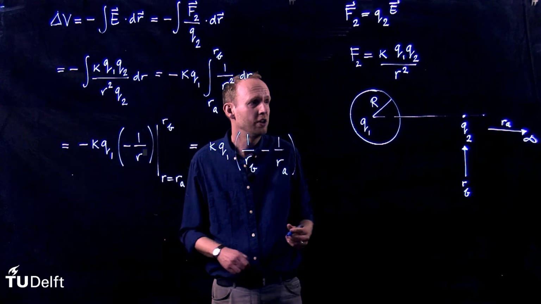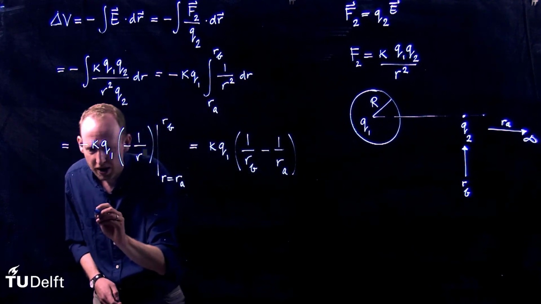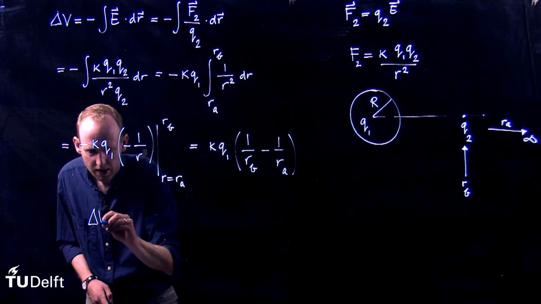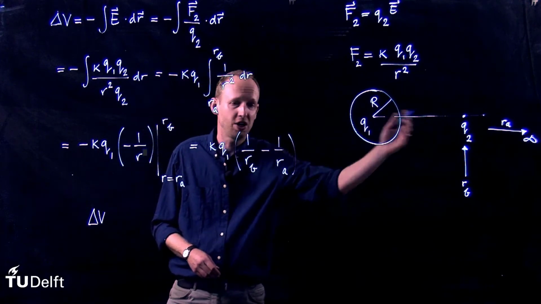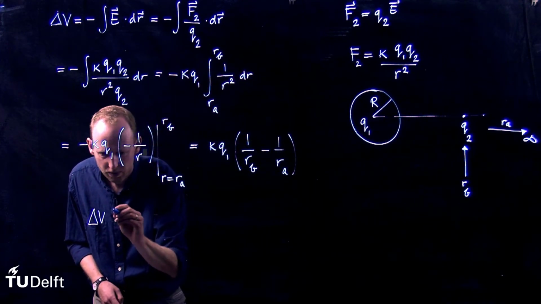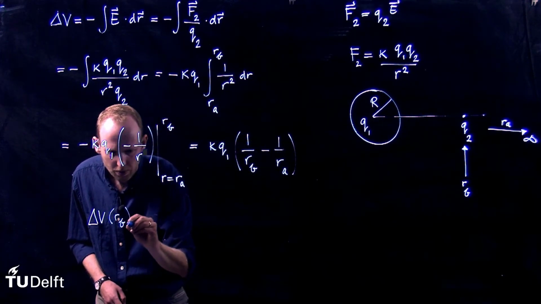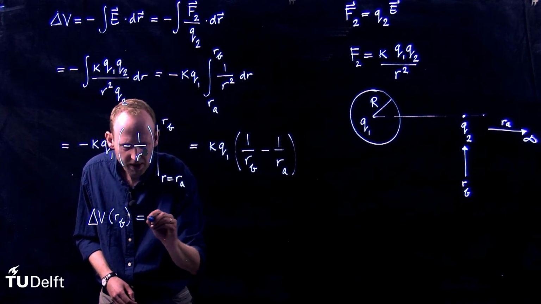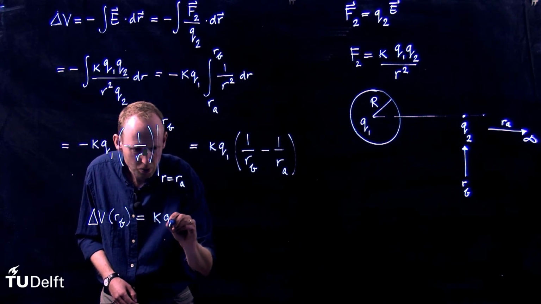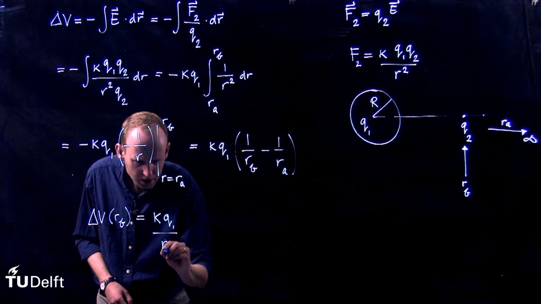So in other words, the potential felt by a charged particle at a location RB will be simply K times Q1 divided by RB.